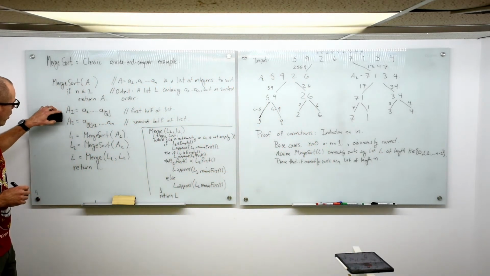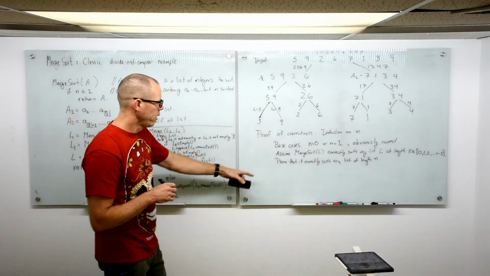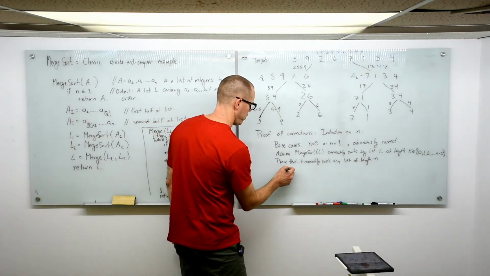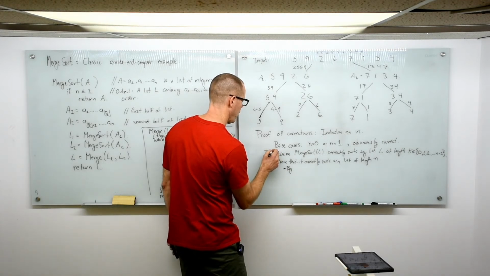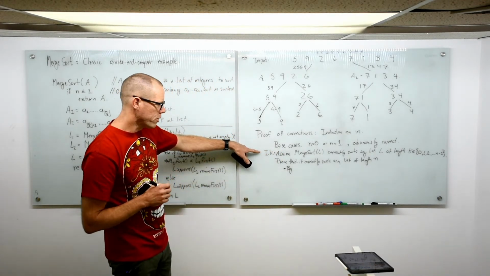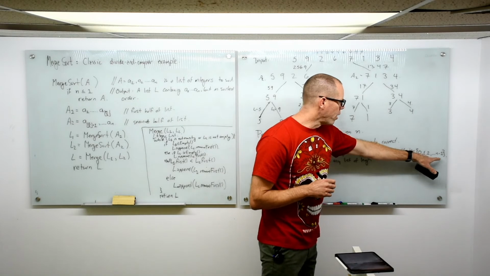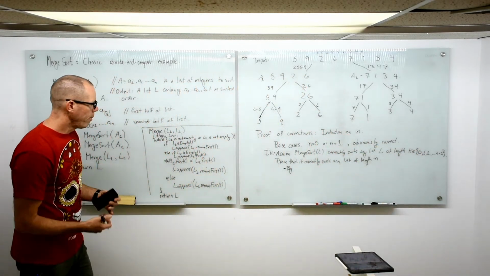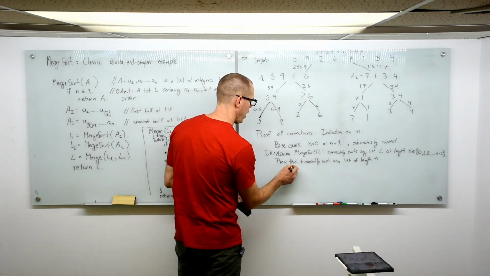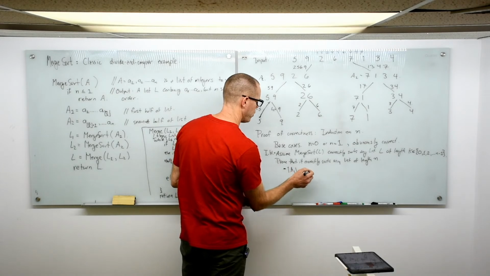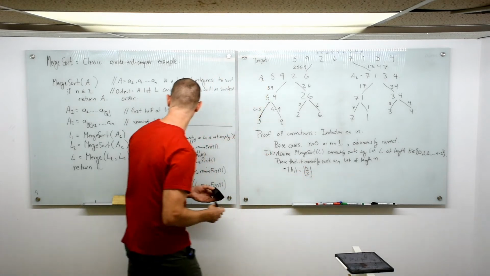Okay, so then you look at the code and you say, well, okay, this thing here is the inductive hypothesis: we assume that it correctly sorts any list of length k between 0 and n minus 1. Now, the length of the list A1 is equal to the floor of n over 2, right?